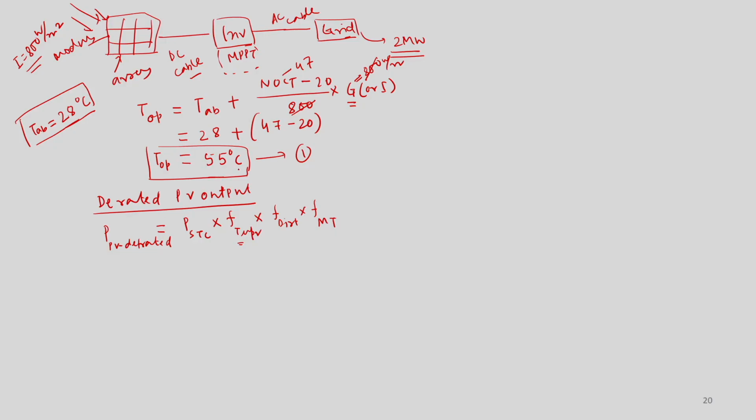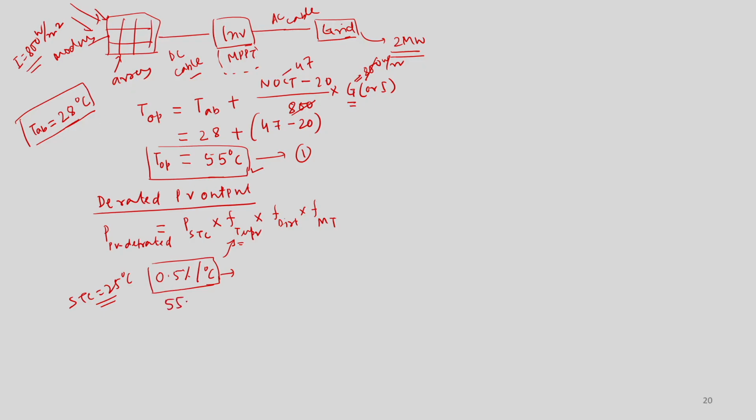As we know, the operating temperature is 55 degrees, and in our problem it is given that 0.5% per degree rise in temperature is the derated factor. We know STC is at 25 degree C, and the operating temperature is 55.